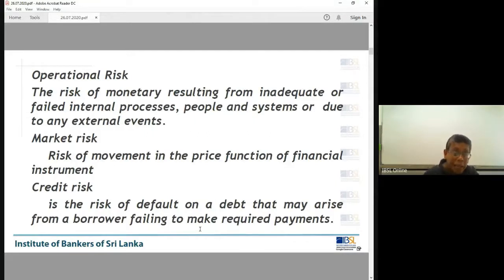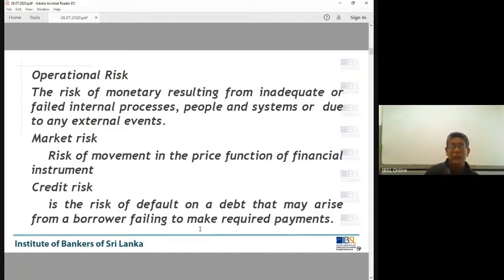And the third risk we call the market risk. It is the risk of movement in the prices of financial instruments. It may be due to a few reasons. Market risk can come with changes in pricing, right? Say for example, customers come and pawn their articles with you, and you give some advances to them.